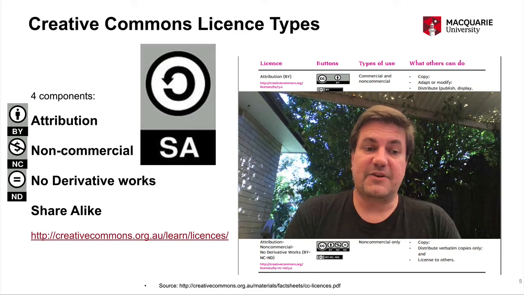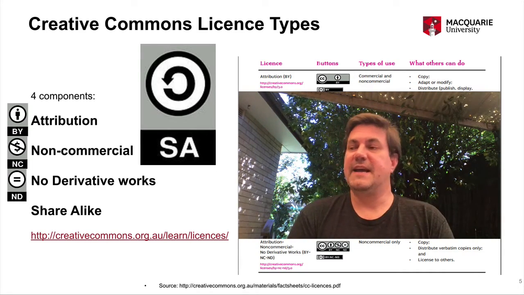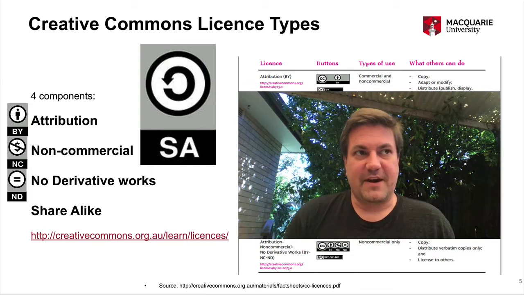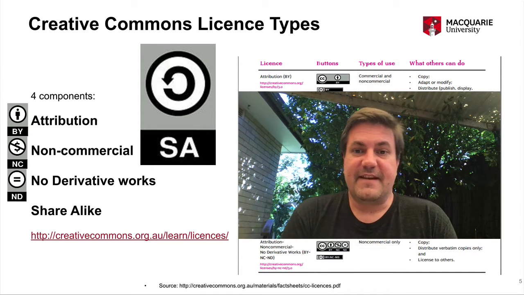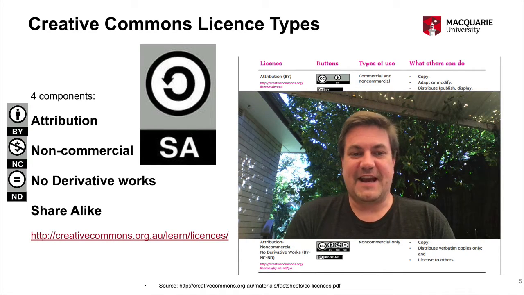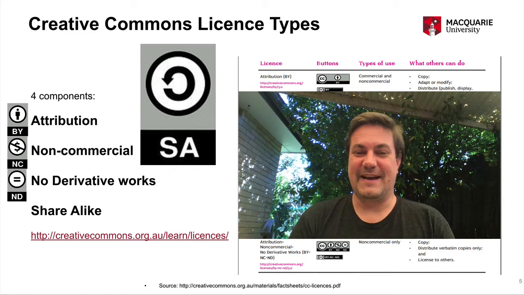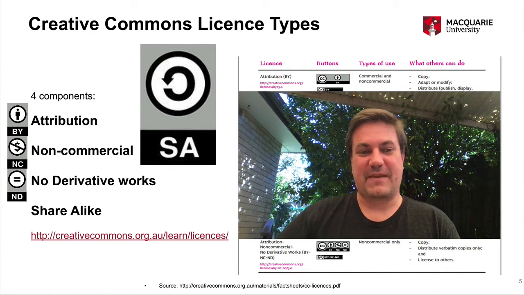And finally, there's share-alike. And share-alike is, in a way, the essence of what Creative Commons is. It's saying, as the copyright creator, you can use this and you have to attribute me, but anything you do, you have to share as well. So it's really encouraging, like a pass it on kind of scenario, where the Creative Commons goes down the chain.